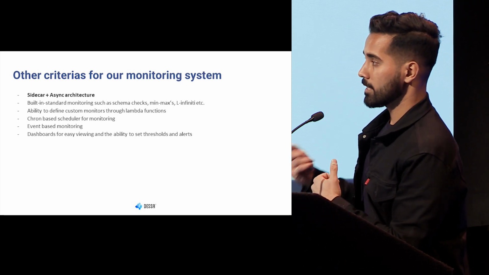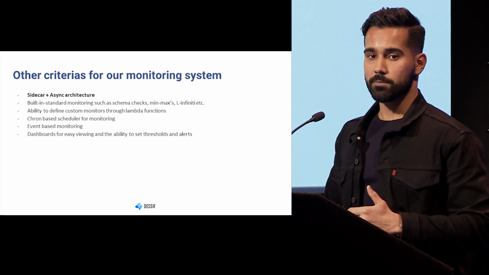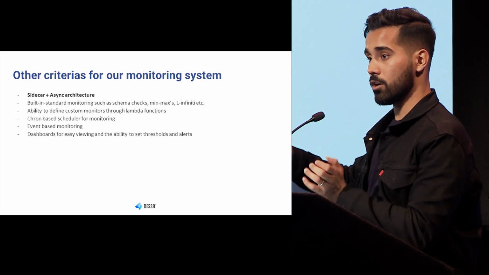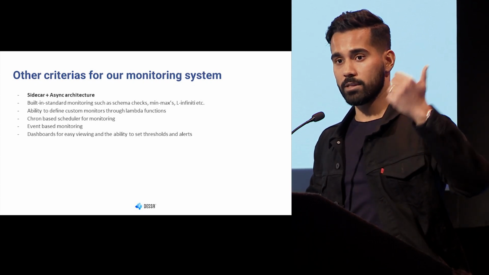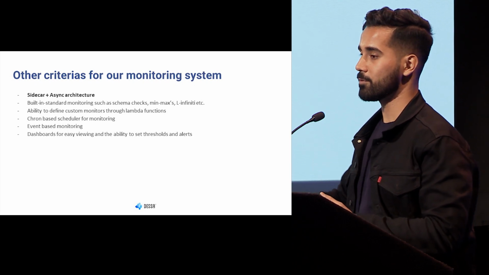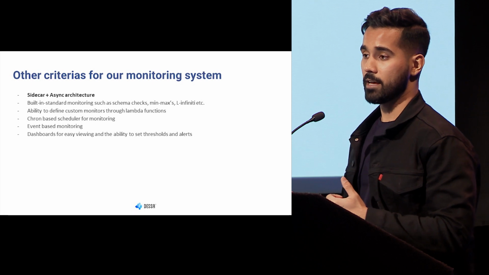And then this is where the scheduling comes in, right? Once you create these monitors, not only do you need to be able to do these checks on a cron-based schedule, so for example, you could say, hey, run this monitoring every single day at this particular time, but you also have to do it on an event-based approach.